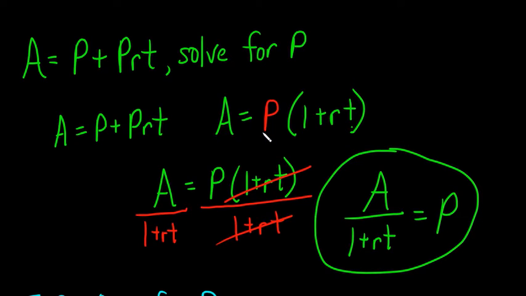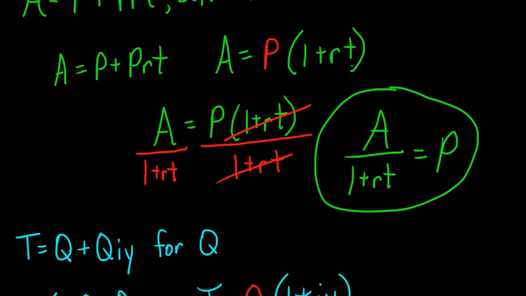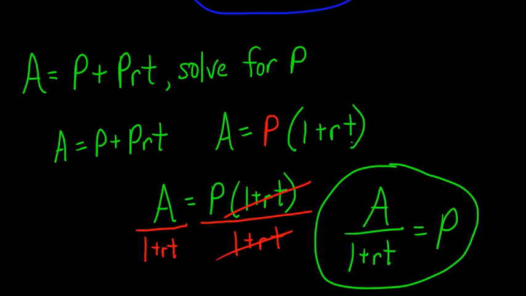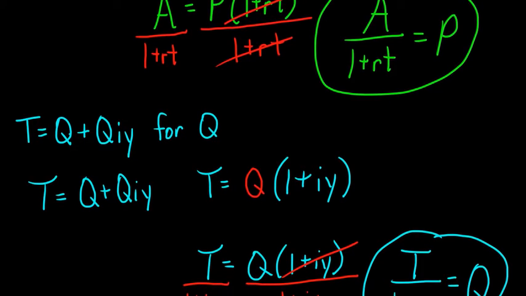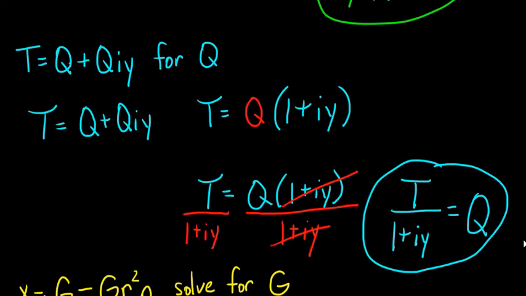And to get P by itself, since these are multiplied together, I can divide both sides by 1 plus RT. So now my P is by itself. So P is equal to A divided by 1 plus RT. That one looks crazy, doesn't it? But really, we just apply the principles we already know. So don't let all these silly little letters scare you.